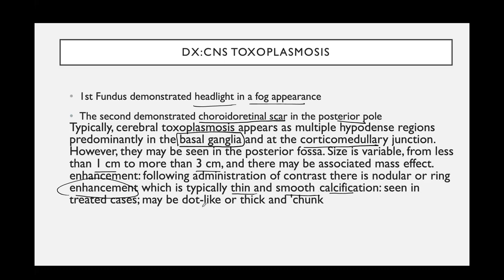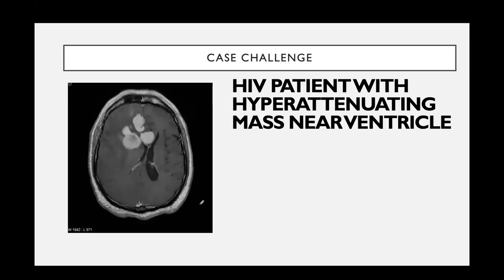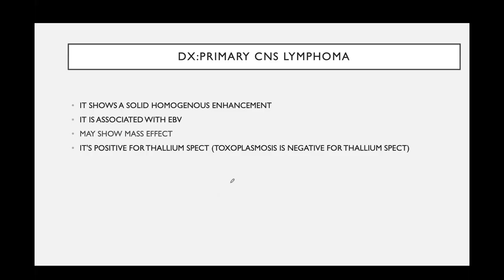Next, an HIV patient with a hyperattenuating mass near the ventricles. Can we see here? This is a hyperattenuating mass. It's compressing and shifting the ventricles. Can you guess what it is? This is primary CNS lymphoma. It shows solid homogeneous enhancement.